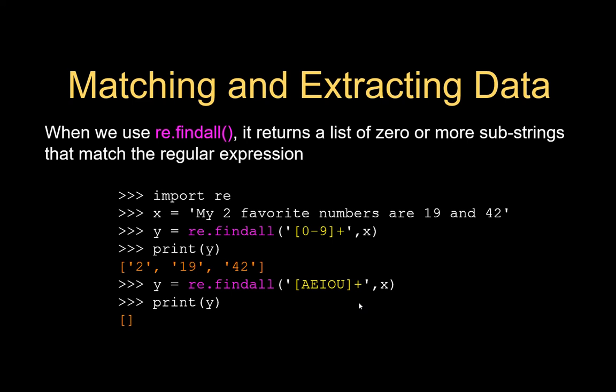So a word with one or more capital A, capital E, capital I, capital O, capital U. Because we don't have any of that, if we try to print it, the result would be a list of nothing.